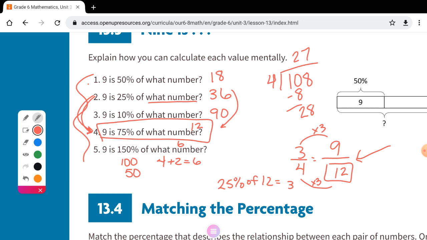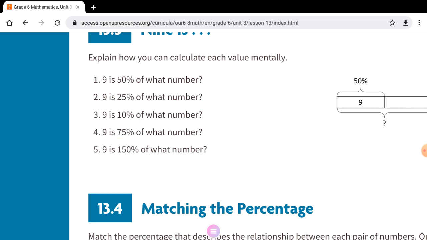Because if I set this one up, 150% of W is 9. So 1.5 times a number is 9. You can take 9 divided by 1.5 pretty easily. You would get 6. 1.5 goes into 9 6 times. Okay, next one.